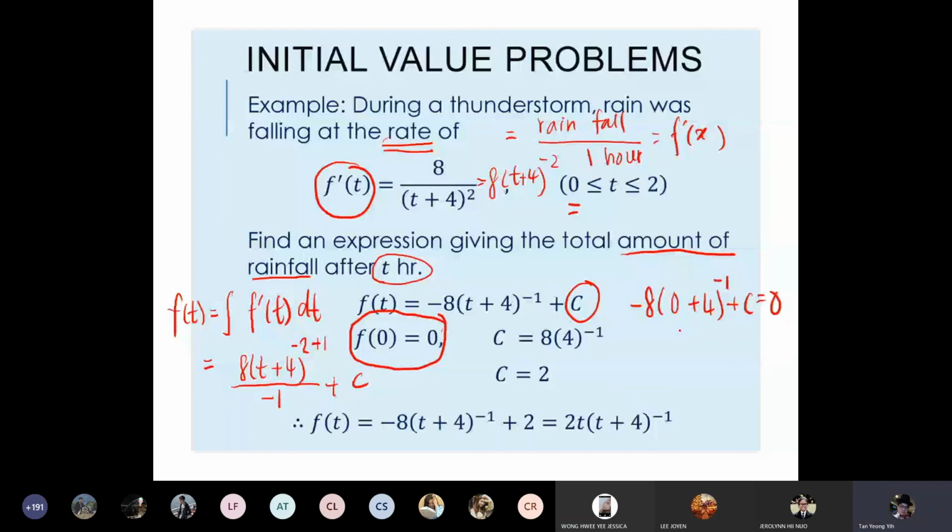So now for the c, we bring this one to the other side. We have +8 now. And 0 plus 4 is 4 to the power of -1.